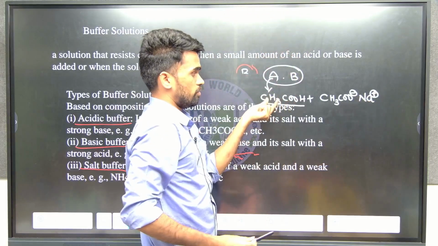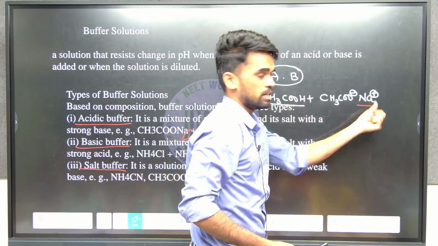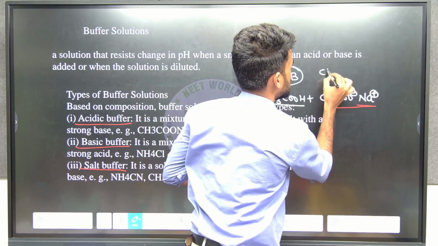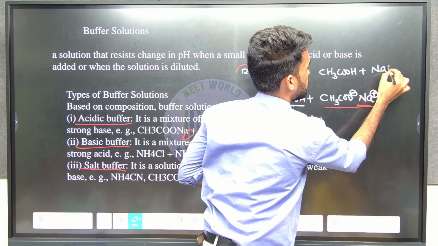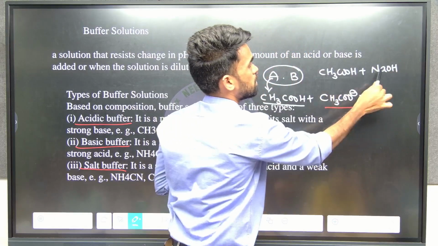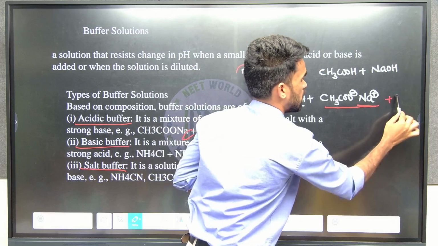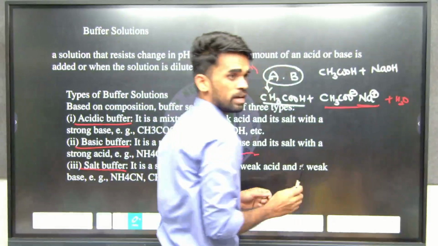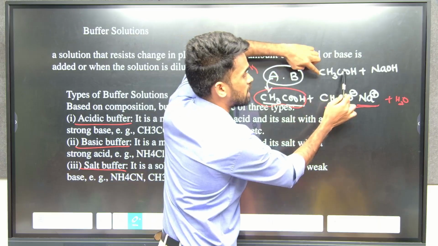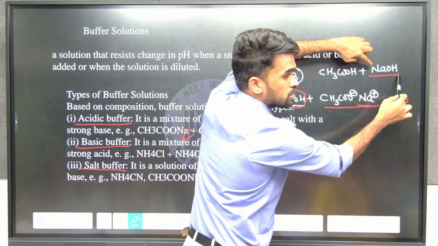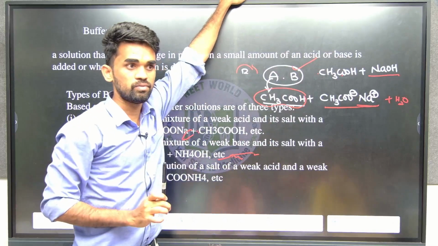See, what does this mean? Acetic acid is there. If I add NaOH, what happens? Acetic acid plus NaOH, what will it give you? CH3COONa plus water only, no? Okay, this is nothing but weak acid plus salt of that weak acid with a strong base, which is considered to be acidic buffer.